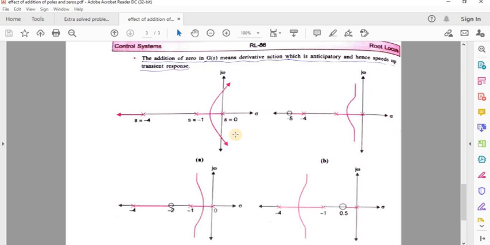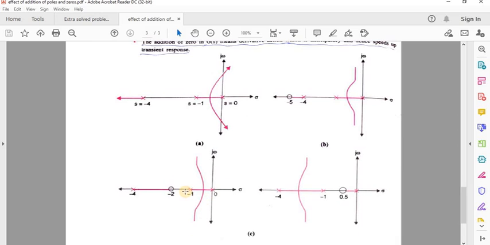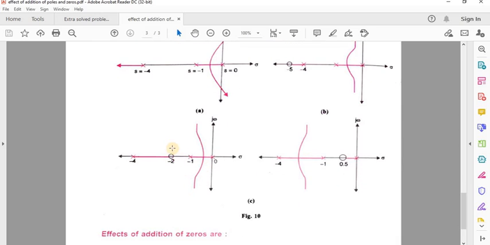As zeros are added to the system, the root locus tends to change its nature towards the real axis, okay, meaning it will go away from the imaginary axis. So in the third figure you can see here, introduction of a zero at -2 will tend the root locus to change its nature.